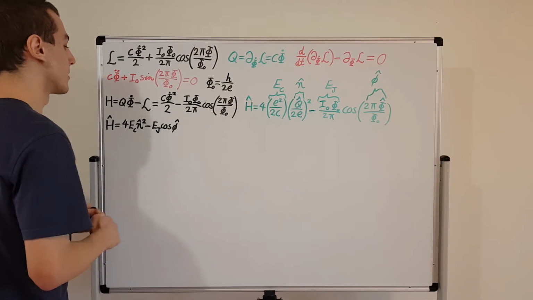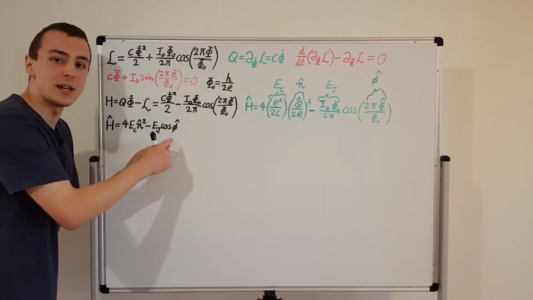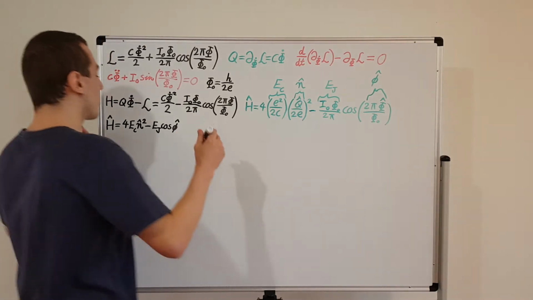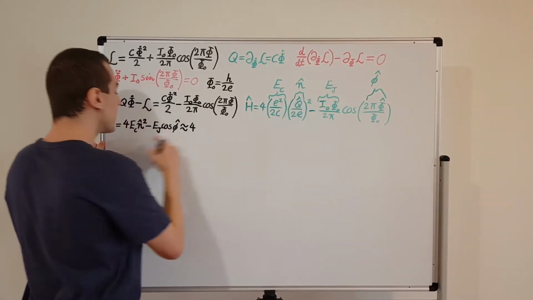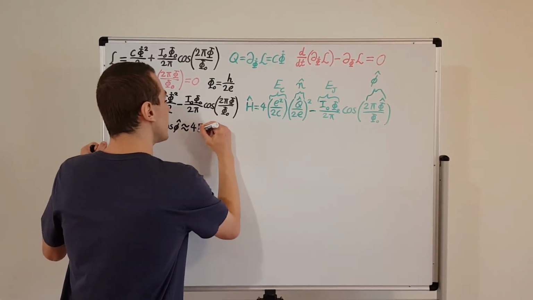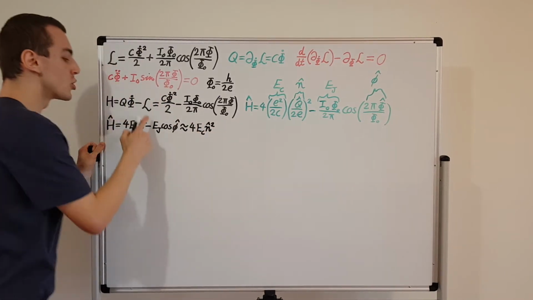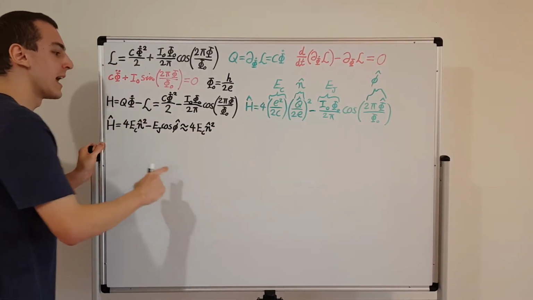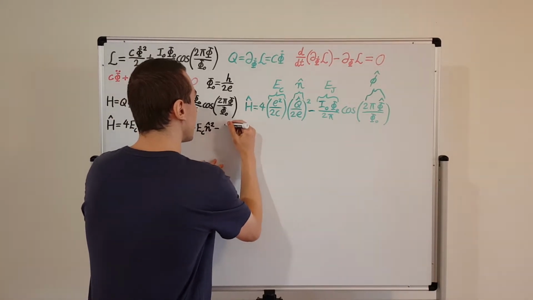The next thing I want to do is a Taylor series approximation on this cosine. So I'm going to write that this is approximately equal to, and I'm not going to touch this term over here. I'm just going to leave it the way it is. So this kinetic energy term, it's a quadratic term. And what I'm going to do is expand this cosine in terms of its Taylor series.